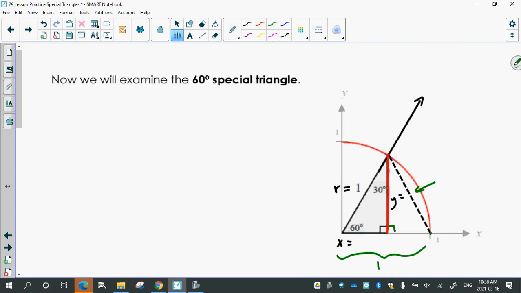How come? How do you know? I won't call it R, I'll just say it's 1. Because it's like a reflected of the other side. Okay, so you use symmetry. Okay, perfect, yeah. Yep, Owen?